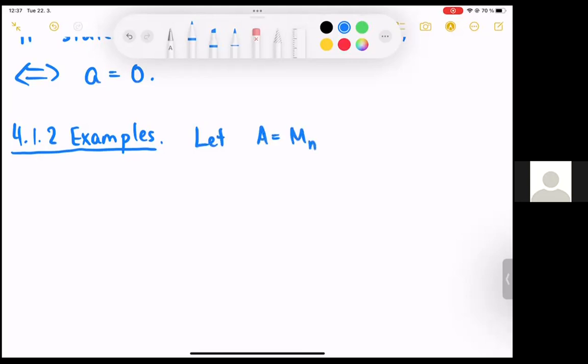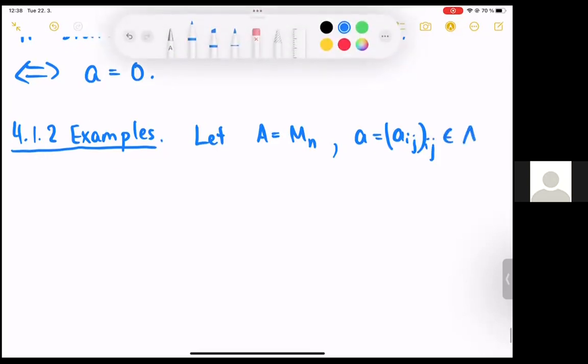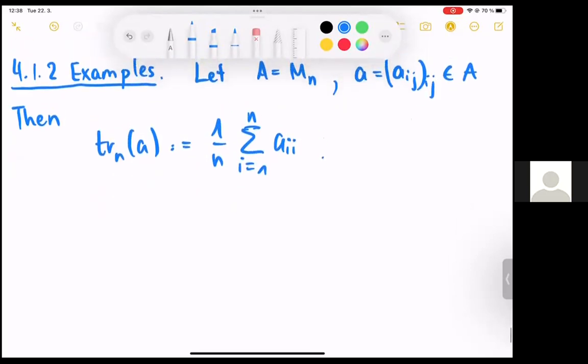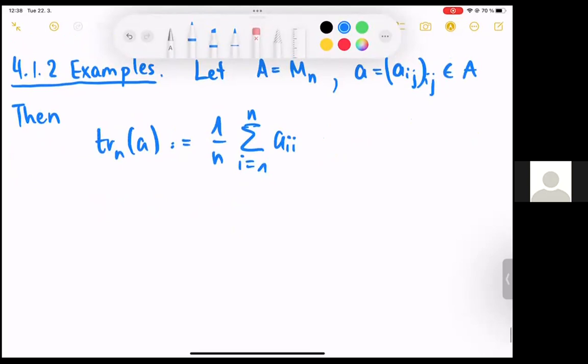If we have the n by n complex matrices and we take some matrix, then we can define the normalized trace to be 1 over n times the sum of the diagonal elements. This is a faithful tracial state. And in fact, it's the unique tracial state on Mn.